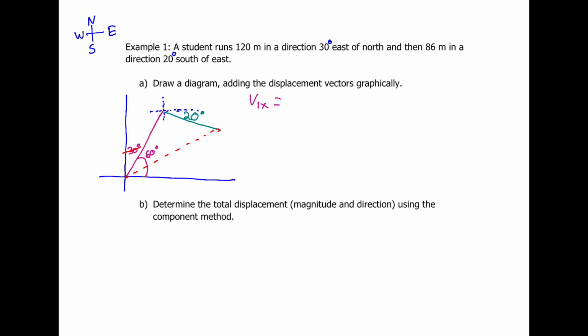I want to find out how far to the east the first vector went. How much east did the first vector go? Basically this distance here, between here and here. So we're going to use the formula that we did on the very first part of this, and that's going to be V1 times the cosine of angle 1.